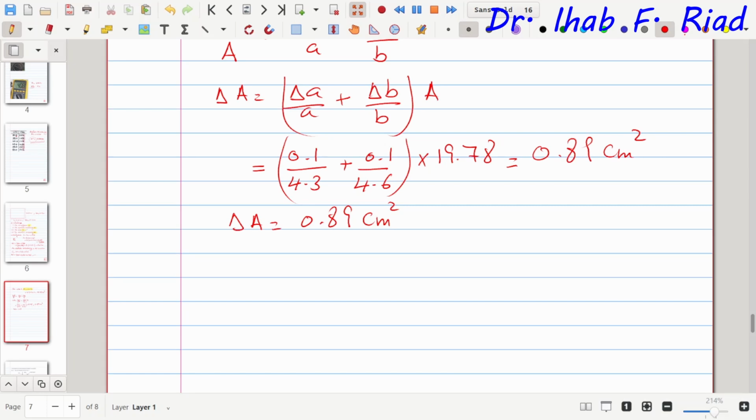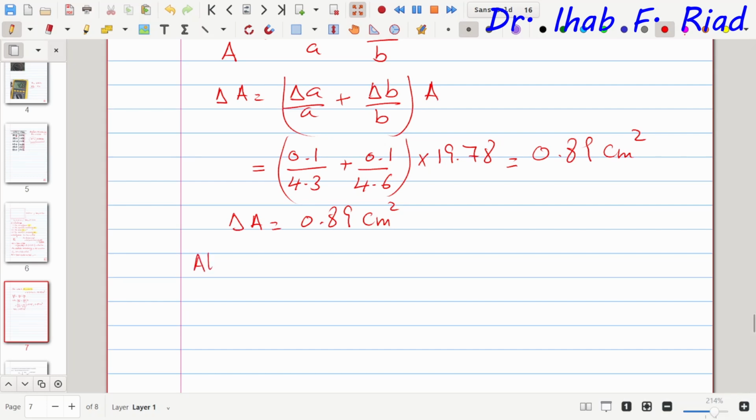Now be careful with this. We are always instructed that we should round the absolute uncertainty to one significant figure.